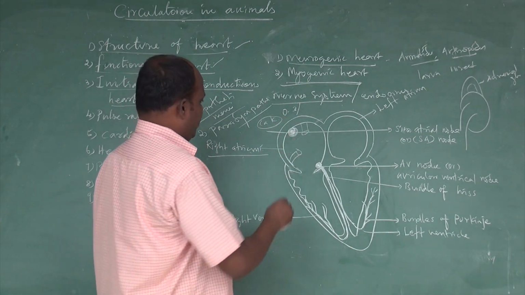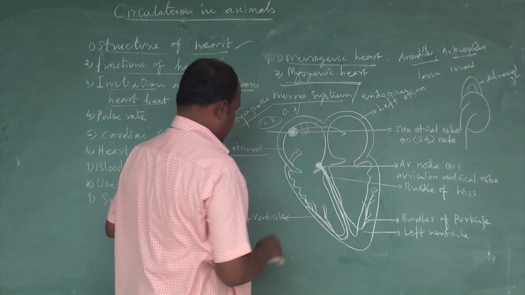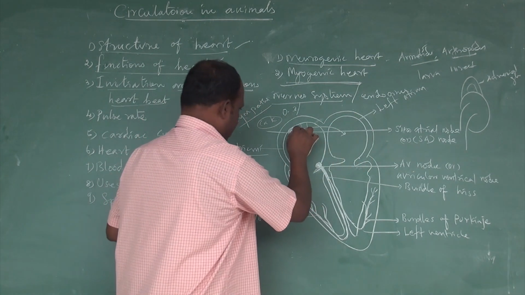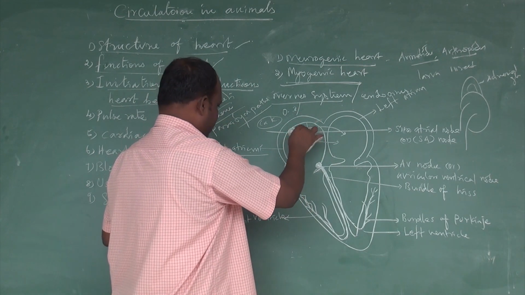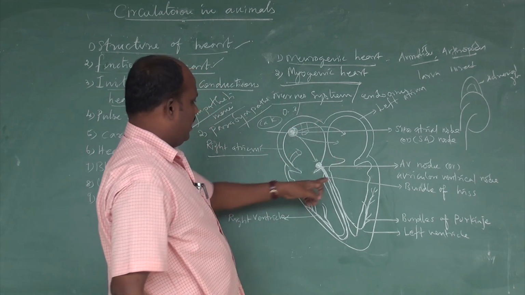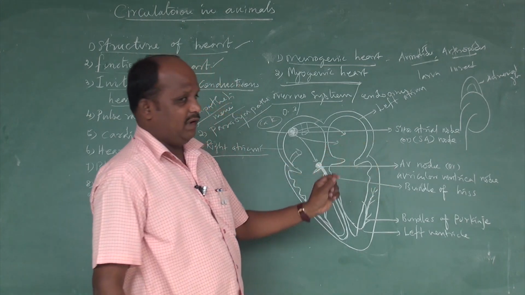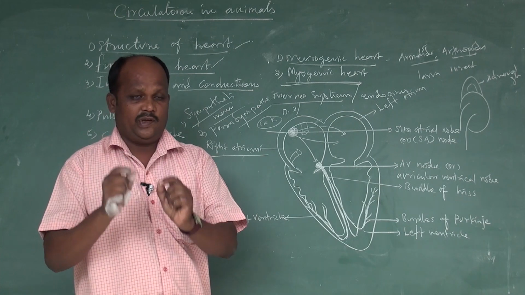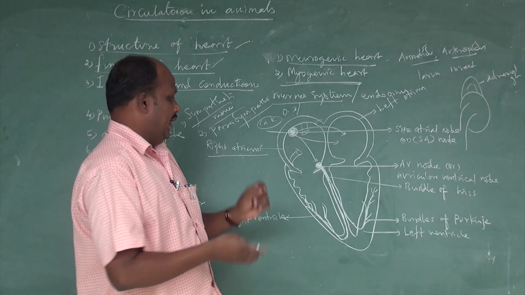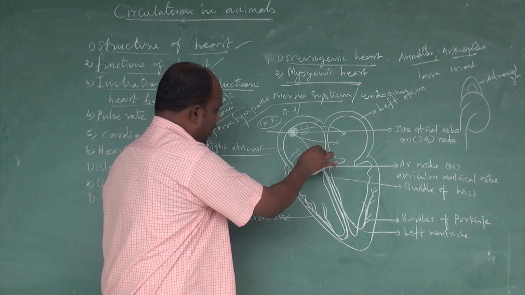It is transmitted from the right atrium and spreads to the AV node. What is the meaning of AV node? AV node means atrioventricular node, located between the atrium and the ventricles.